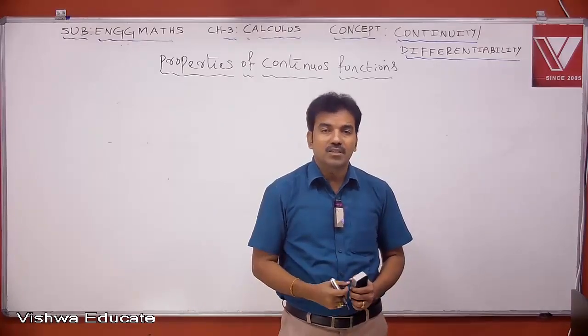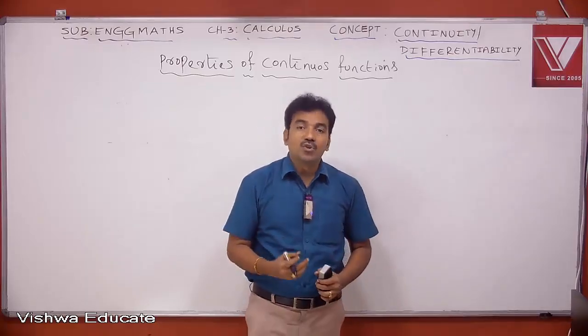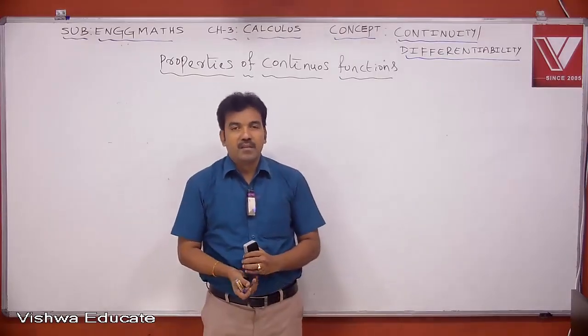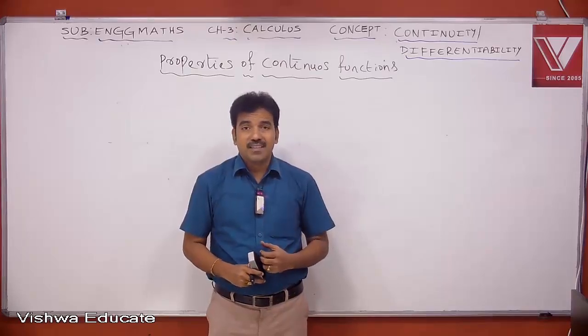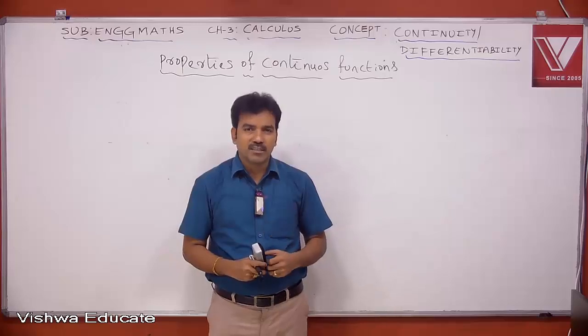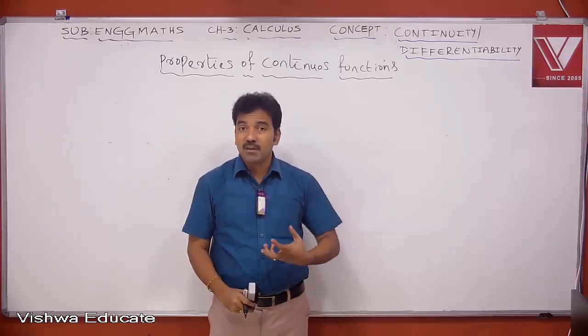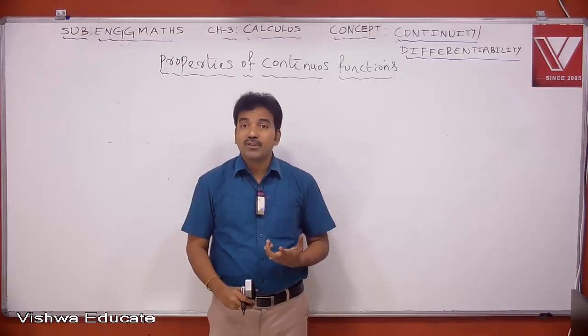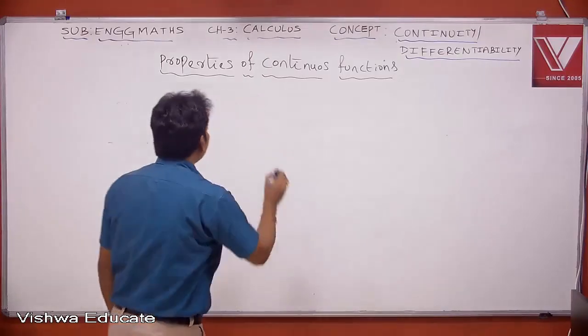I need to discuss its continuity in some closed interval a comma b. If I am unable to draw the graph of that function, or unable to find the limit of that function at some points, then my task becomes very complicated. So in that case, if I try to apply properties of continuous functions, it may be a simpler way to discuss its continuity. Okay, so let us see.